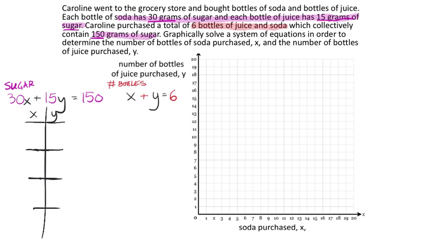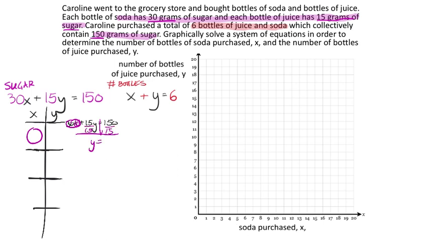Okay, so if I say X is 0 here in my sugar equation, which is in purple, then it would have been 30X plus 15Y equals 150. But if I replace the X with 0 there, then I get a term that's 0. All I've got to do is solve this for Y by dividing both sides by 15.